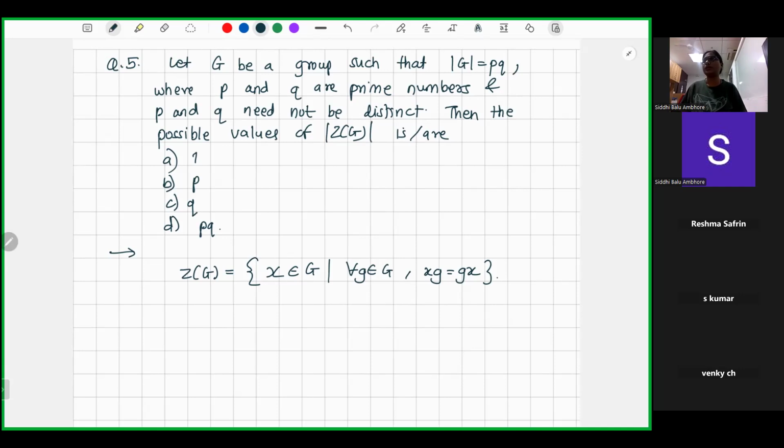Any idea how to try to solve this? Is 1 possible? We have to ask the possibility of the cardinality of ZG being 1.